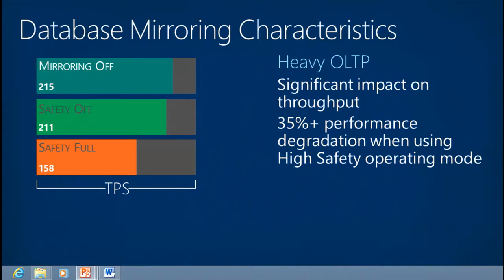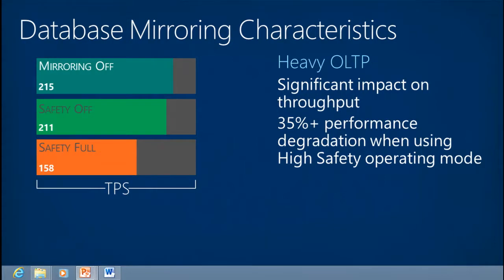If you look at heavy OLTP, on the other hand, the story is completely different. Obviously in heavy OLTP, your throughput per second is going to go down anyway, regardless of whether or not you're mirroring. There is going to be a penalty when you use asynchronous mirroring, but again, it's going to be negligible compared to not having any mirroring at all.